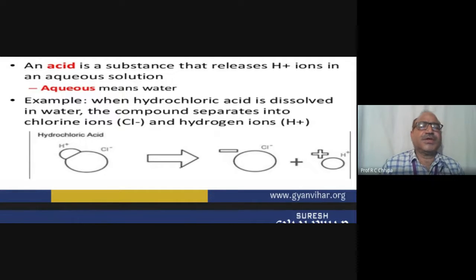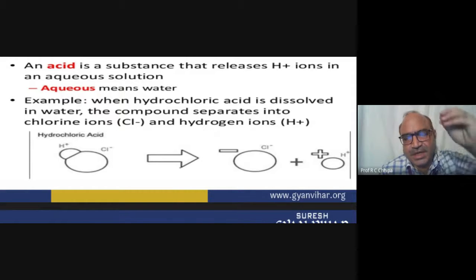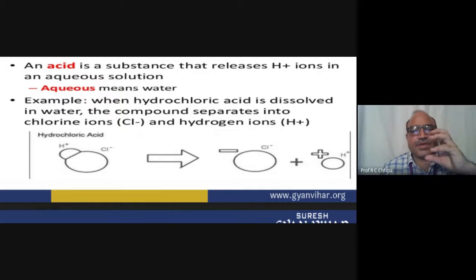This is the concept behind the acid. What happens when HCl is in aqueous solution? It gives the hydrogen cation, and this is the cause, meaning that the acid is there. Here I have given all of you the question.